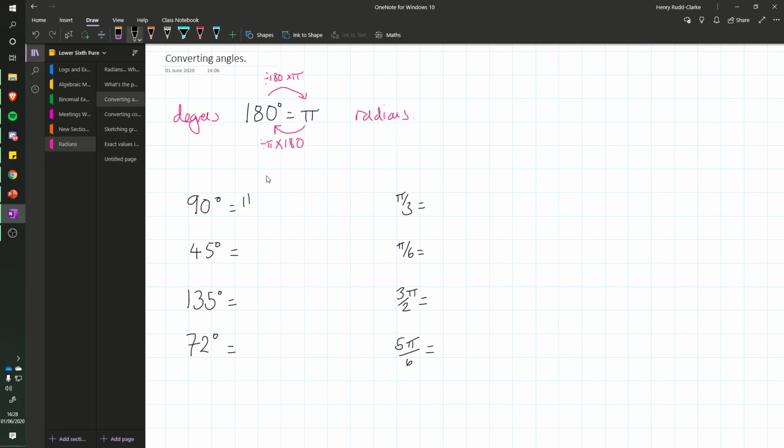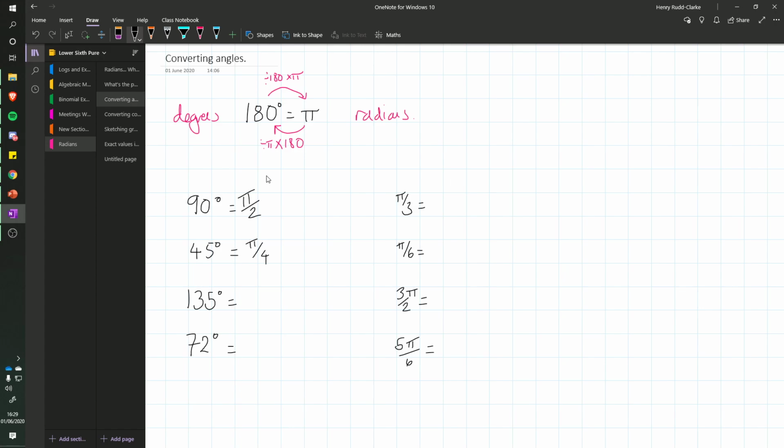So I would just write pi over 2. 45 degrees, following on from before, must be pi over 4. I could also say 45 divided by 180 times pi, that's the answer I would get. But come on, we're not going to do that.